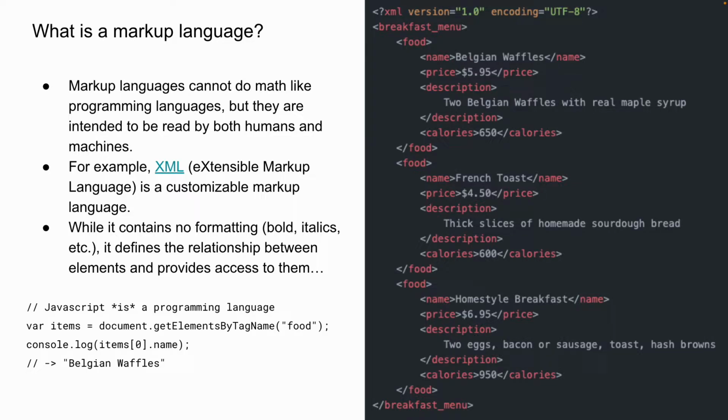So there are 3 food elements, and presumably the items will be stored with 3 indices in an array. Then the next line says console.log items, gives the array index that it wants, .name. So this should print Belgian waffles. But you could also assign the values in an XML. Almost all programming languages have a way to deal with XML or JSON.